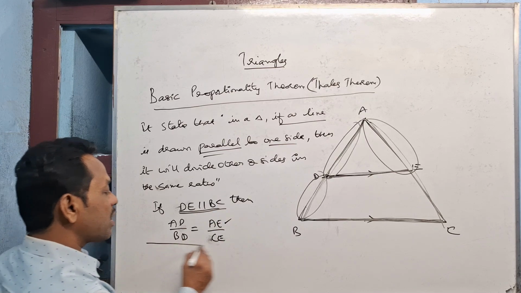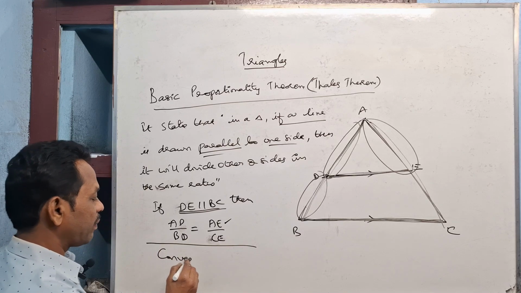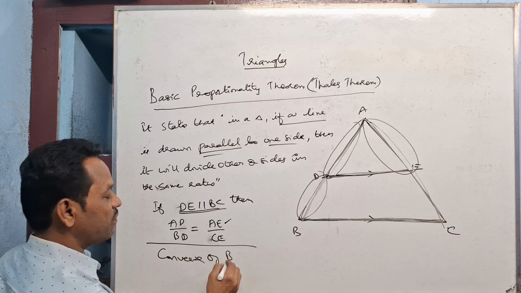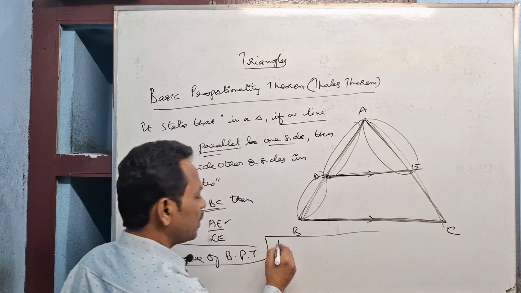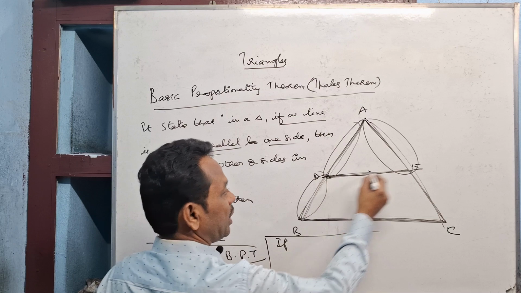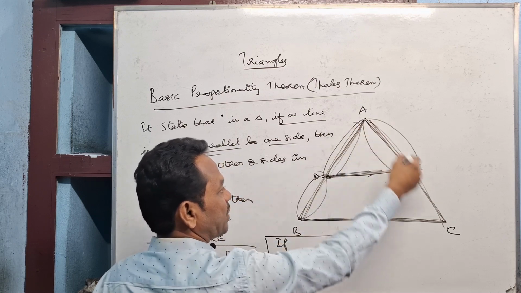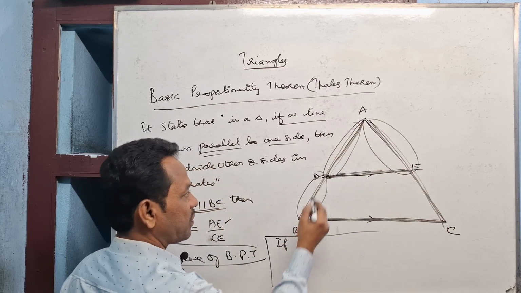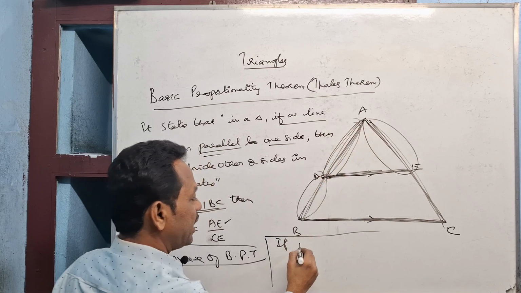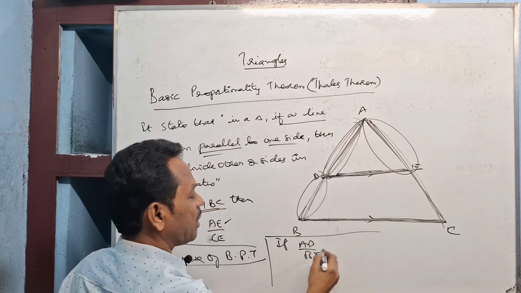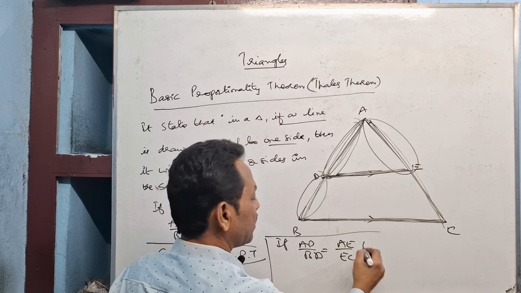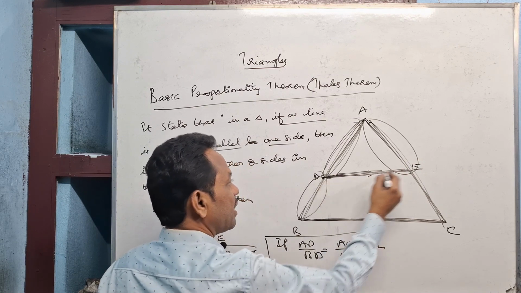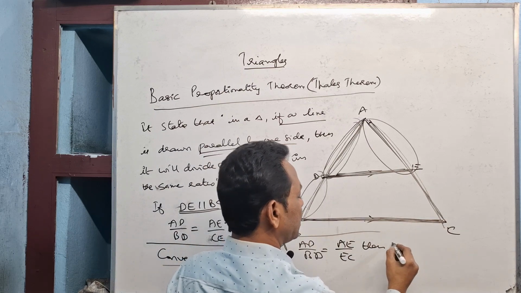Now let us go for converse of BPT. Converse of basic proportionality theorem says that if a line divides two sides of a triangle in the same ratio, in a sense, if I say AD by BD equal to AE by EC, then we can say that this line is parallel to the third side.